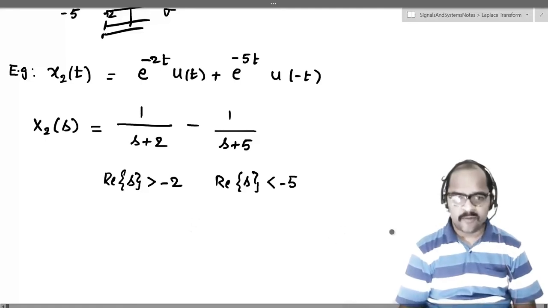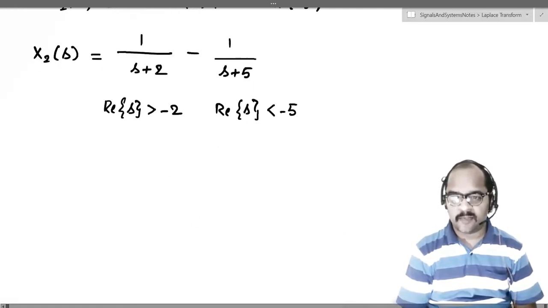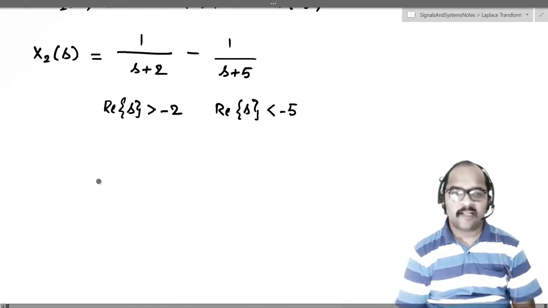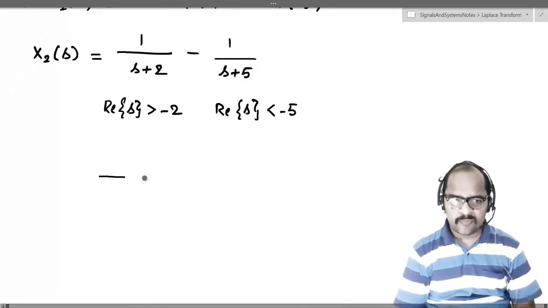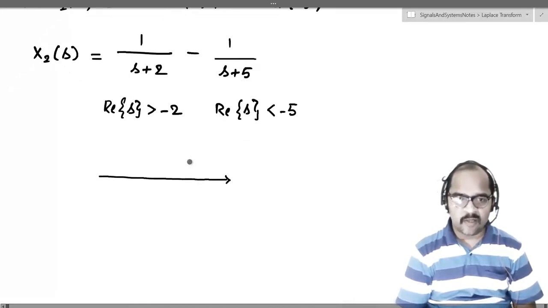Before we write down the expression for x2 of s, let us see what happens to the region of convergence. Again, this is minus 2 and this is minus 5.